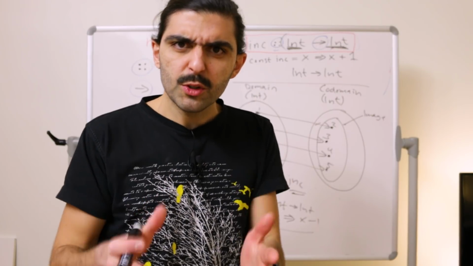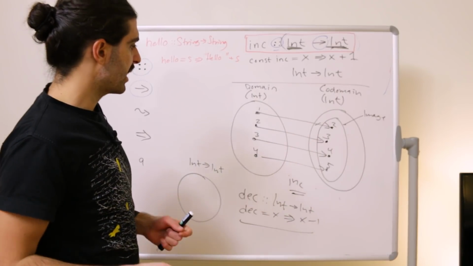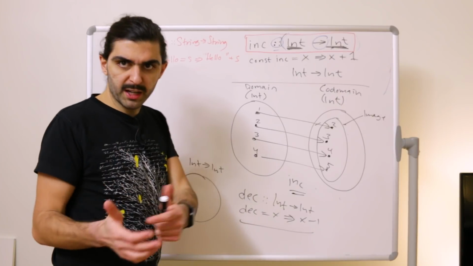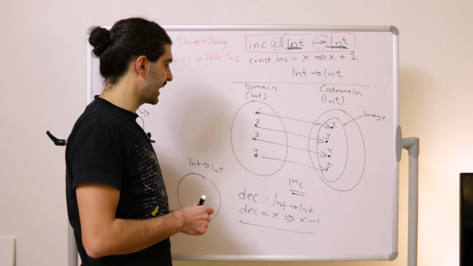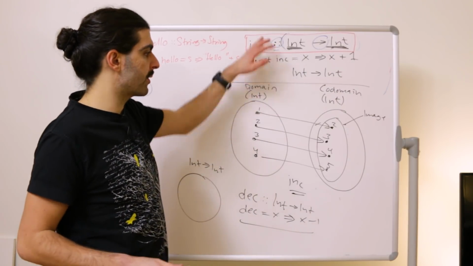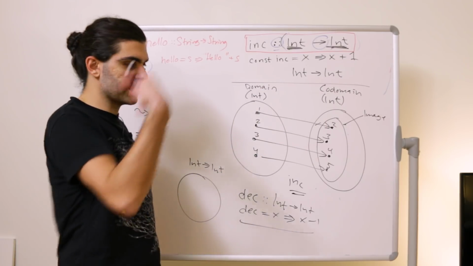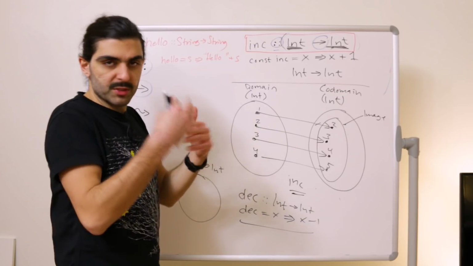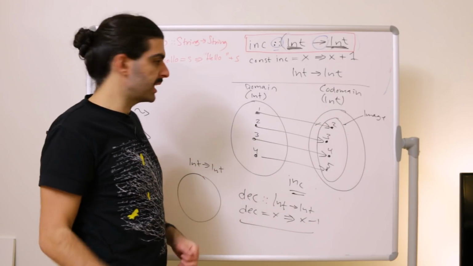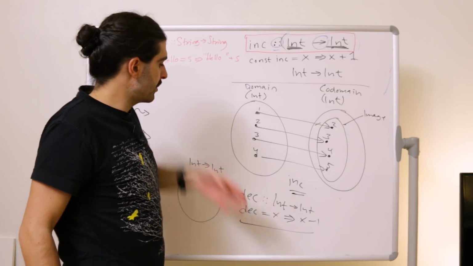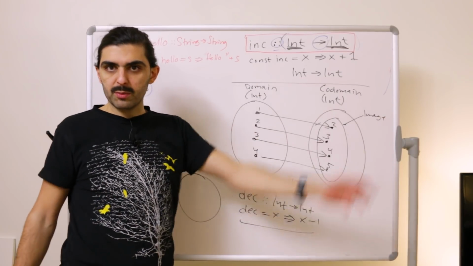I don't want to go too far in this, but if you think about a curried function, now we talk about unary functions because it's simpler, right? We talked about the function hello that takes a string and maps to a string, or the functions increment and decrement that take integers and map to integers.